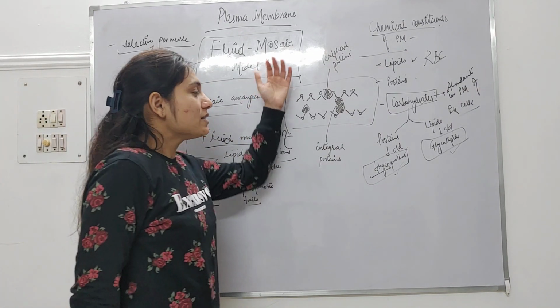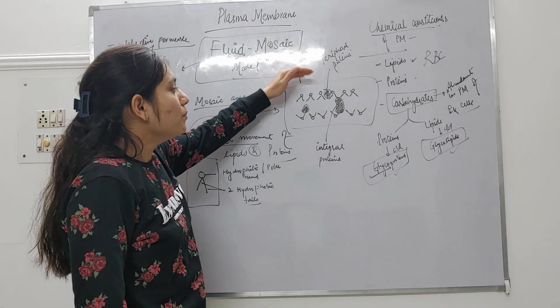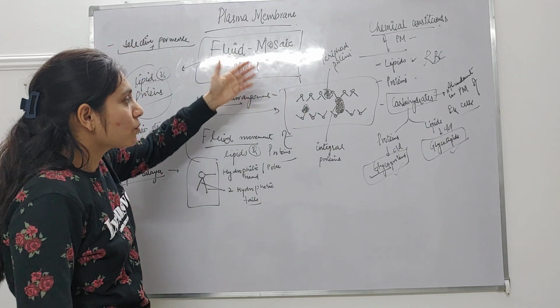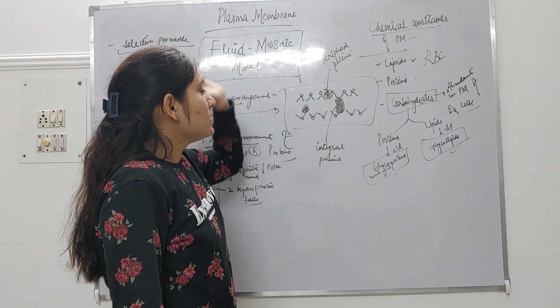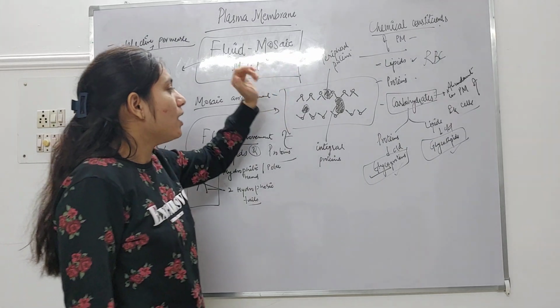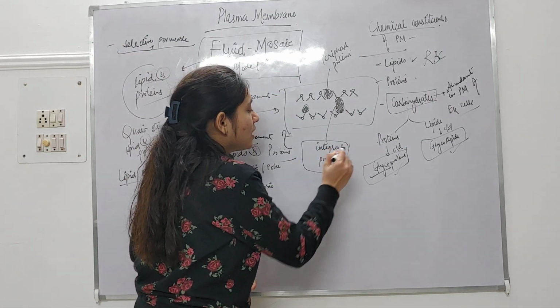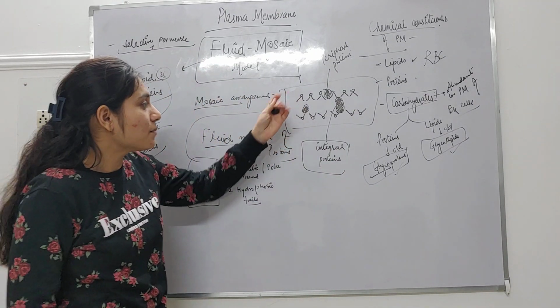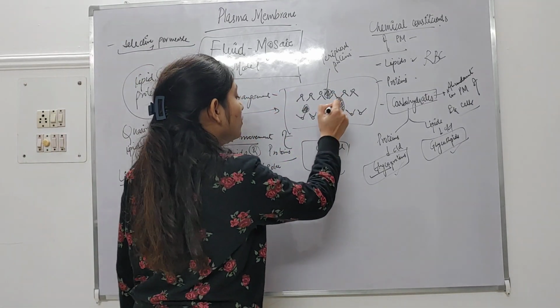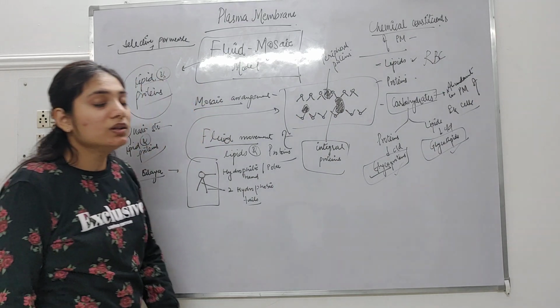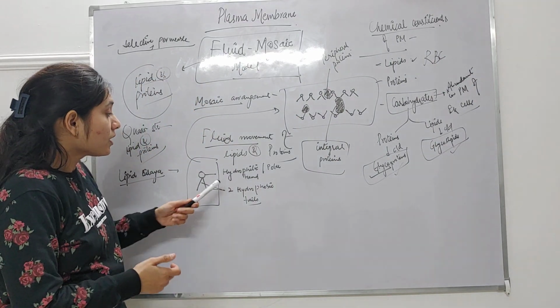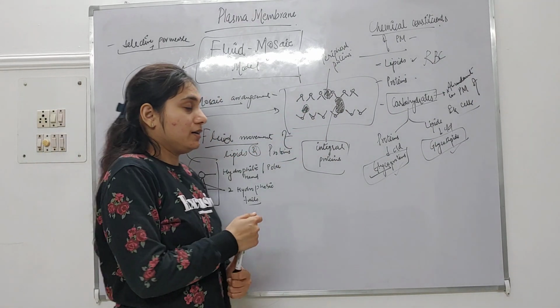By a simple extraction procedure, the peripheral proteins can be separated out easily, whereas integral proteins are not easily separated, as they are present inside, in between the hydrophobic part.